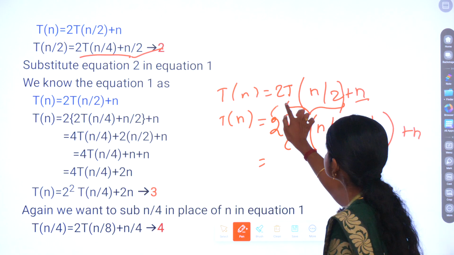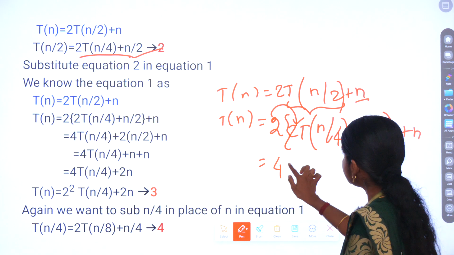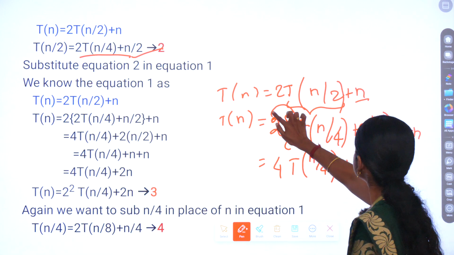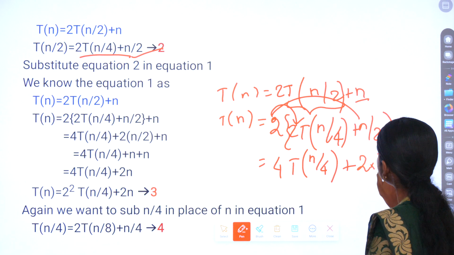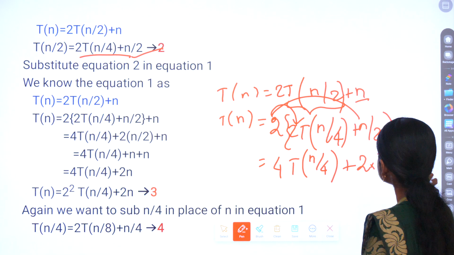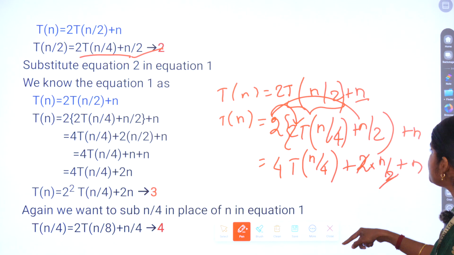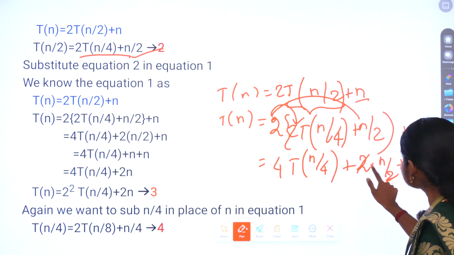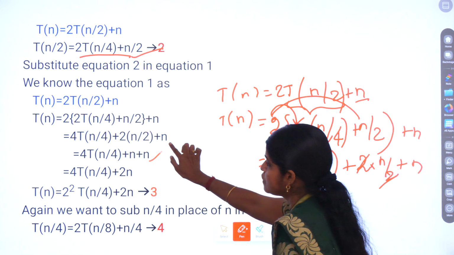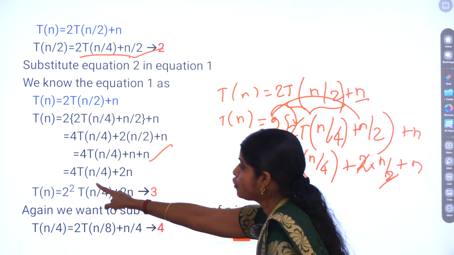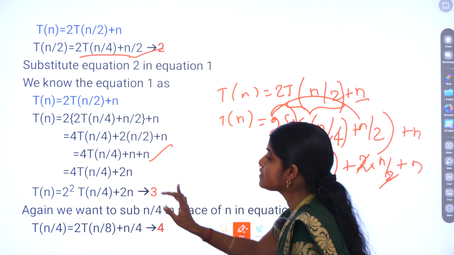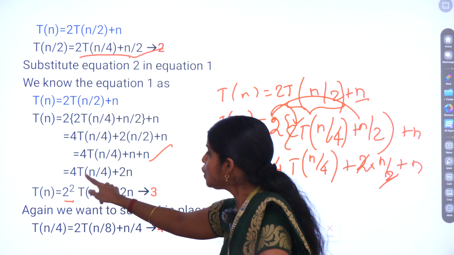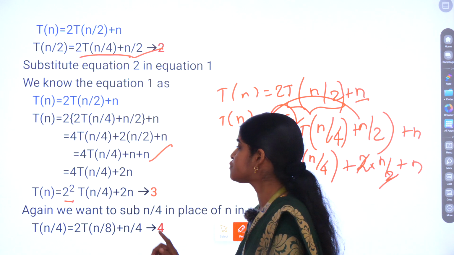So it gives us 4T of n by 4 plus 2 into n by 2 plus n. This 2 and this 2 will be cancelled. So finally we get 4T of n by 4 plus n plus n. So it gives 4T of n by 4 plus 2n. So this 4 can be written as 2 power 2 T of n by 4 plus 2n.